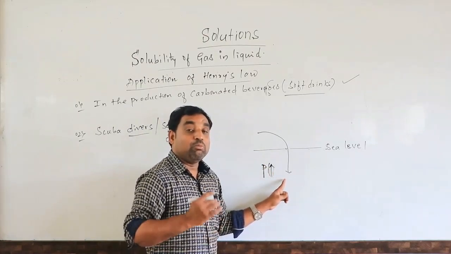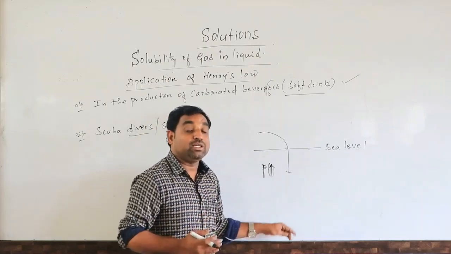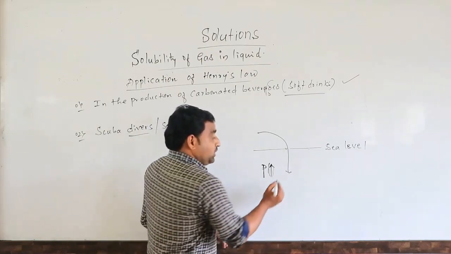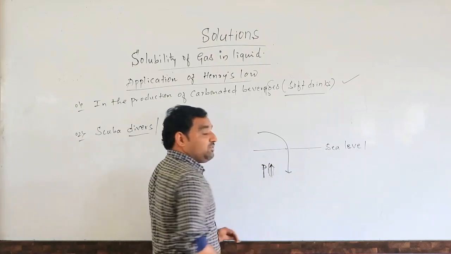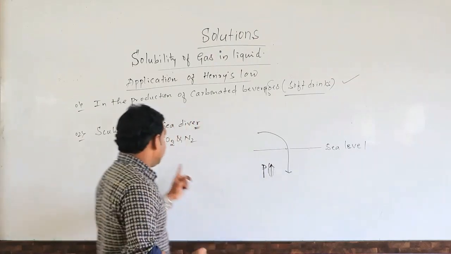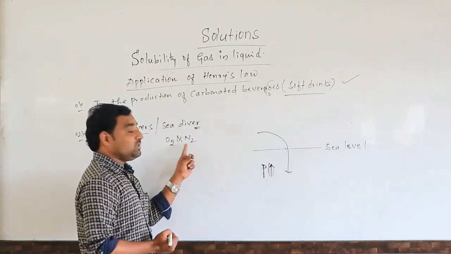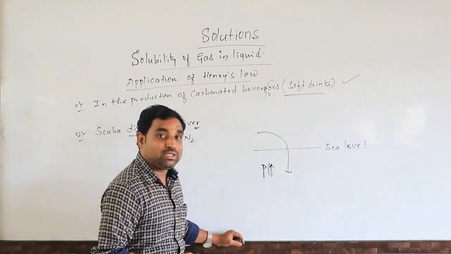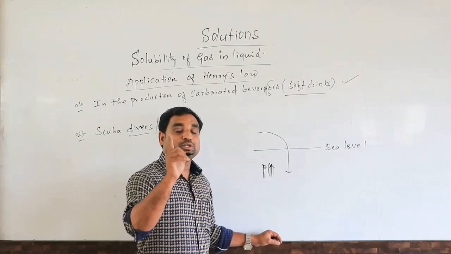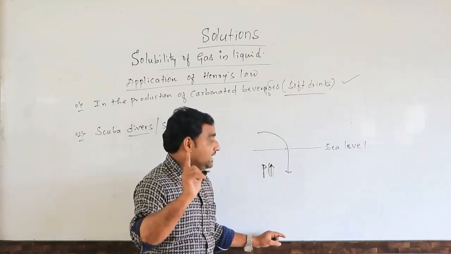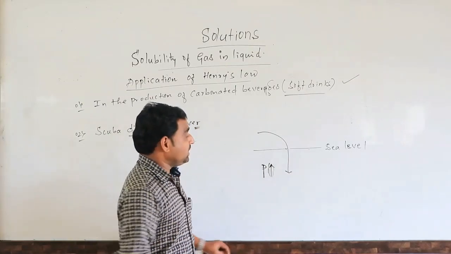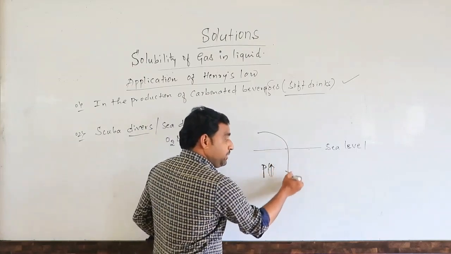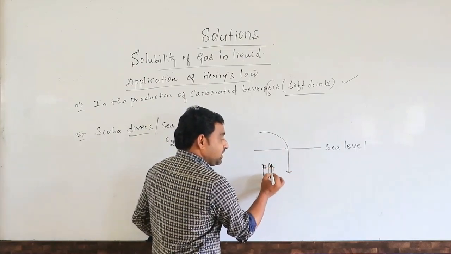It means more air is soluble in the blood. Since the air contains a mixture of oxygen and nitrogen, nitrogen will be more soluble in the blood. That is toxic to the body. This is one problem he gets. And one more thing: when he goes deep into the sea, the pressure increases.